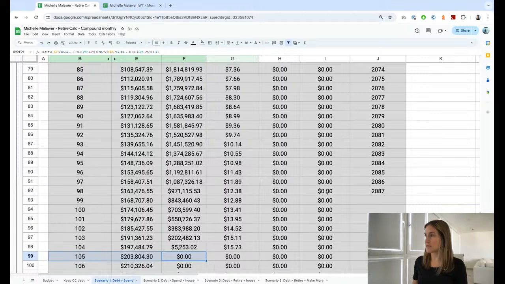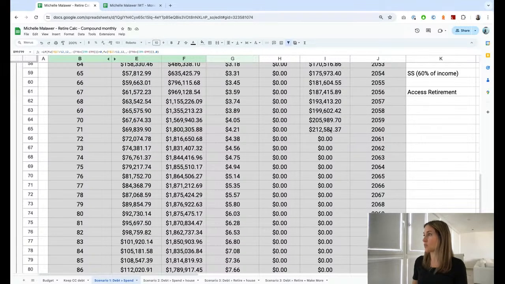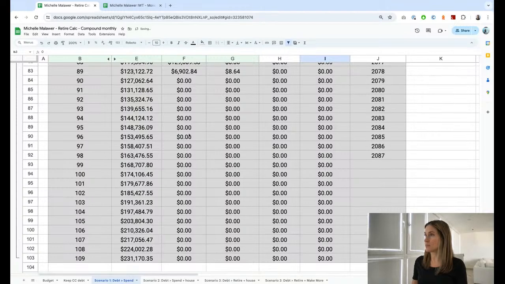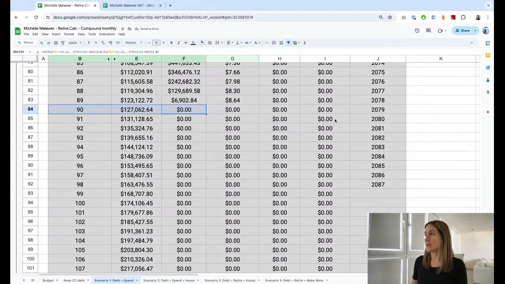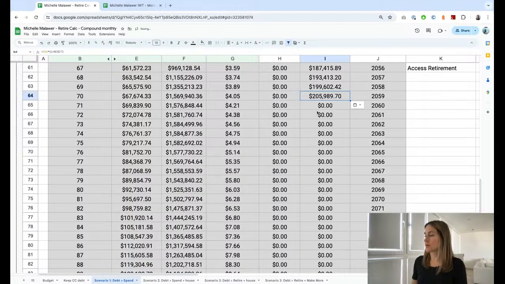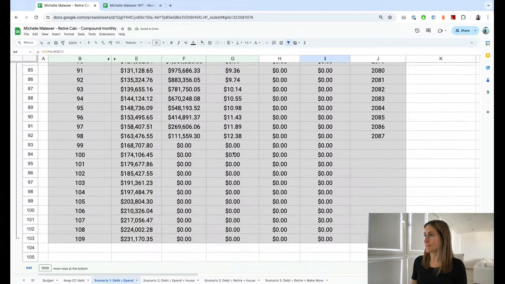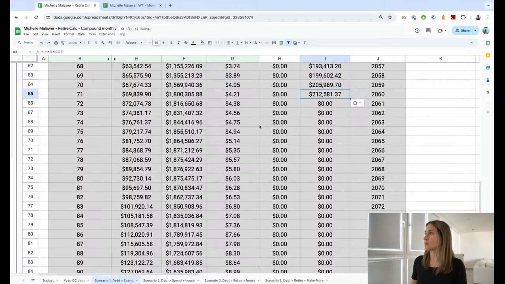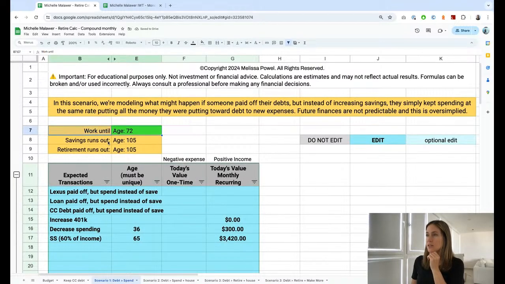So they would still last until 105, so probably okay to cut a little more. 90, that's too far. That's pretty good. So work until 72, savings runs out at 105 just by reducing your spending by $300.